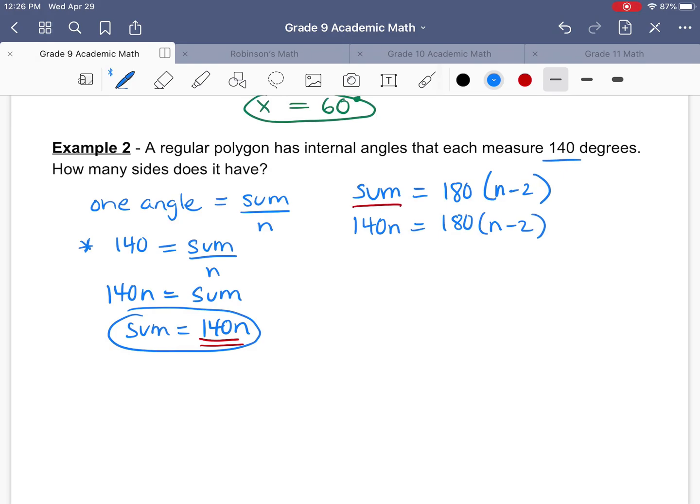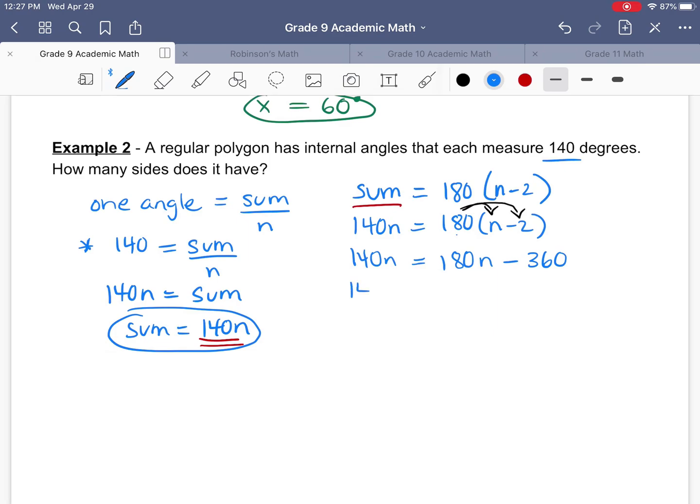To do this, we need to expand on the right-hand side first, or use the distributive law. So we need to do 180 times n and 180 times negative 2. So we end up with 140n is equal to 180 times n minus 360. The minus 360 comes from multiplying 180 and negative 2.